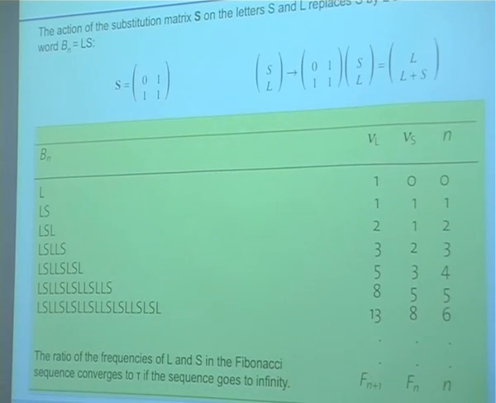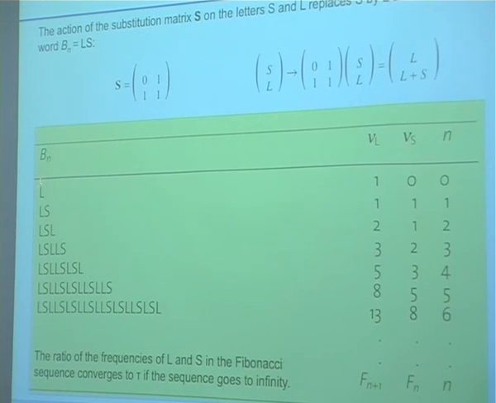And now we come back to the Fibonacci sequence. We have seen Fibonacci numbers. The Fibonacci sequence is now introduced as a sequence of letters, L and S. You can assign these letters to the rabbits, a large and a small rabbit, or you can assign them to a structure, a long distance and a short distance.